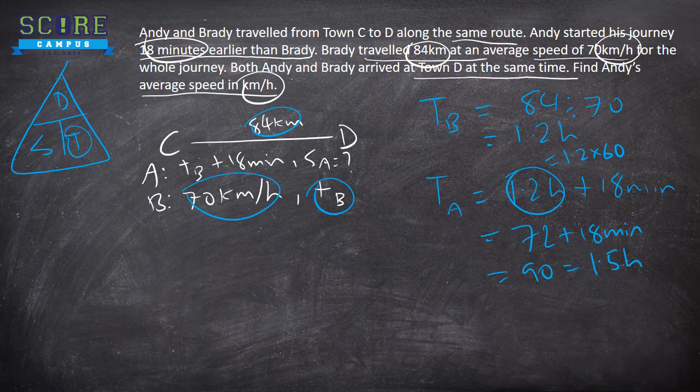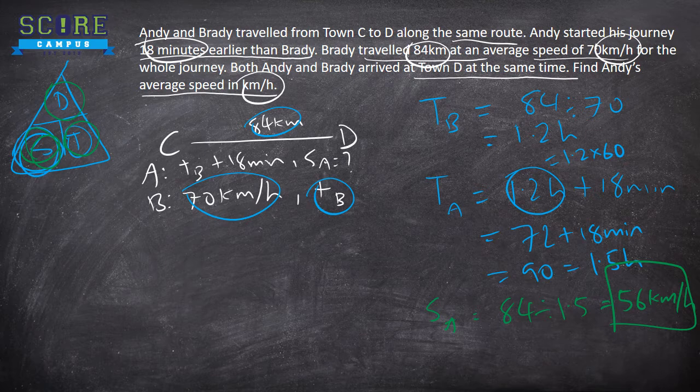Now I find the time that Andy took, and so to find the speed, remember again, I take distance divided by time. So my distance is 84 kilometers, so speed of Andy equals 84 kilometers divided by 1.5 hours, which gives me 56 km per hour. That's it. This is my answer.